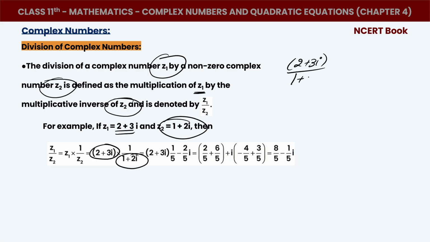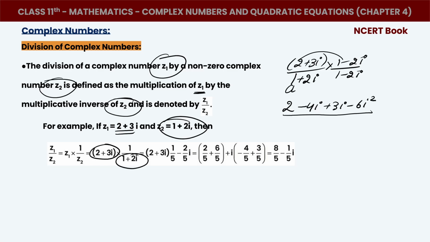Now take the term, take the opposite value. Now multiply: 2 into 1 is 2, 2 times 2 iota is 4 iota, plus 3 iota, and minus 3 times 2 iota is minus 6 iota square, divided by. Now here, this is a plus b and this is a minus b. The value is a square minus b square.